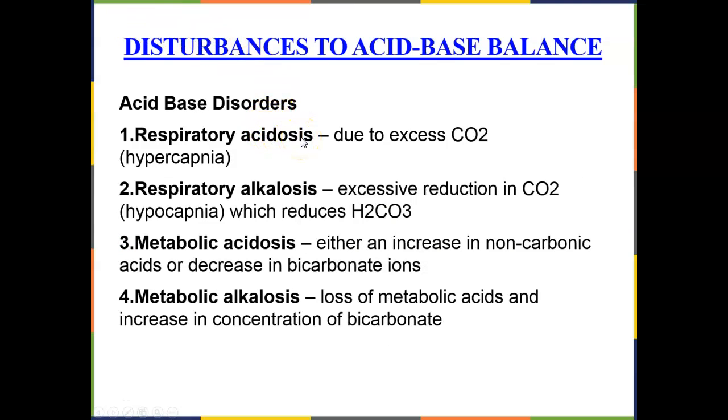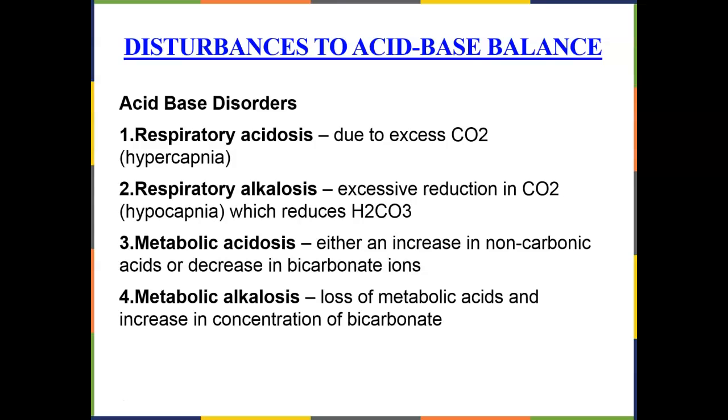And so examples, you can have a respiratory acidosis due to excessive carbon dioxide. And in that case, the kidneys are going to have to lower the amount of acid in your system by excreting acids. In respiratory alkalosis, you have excessive reduction in carbon dioxide.